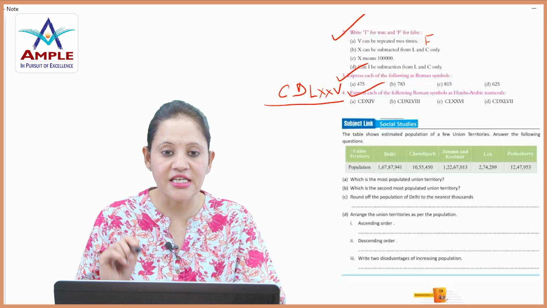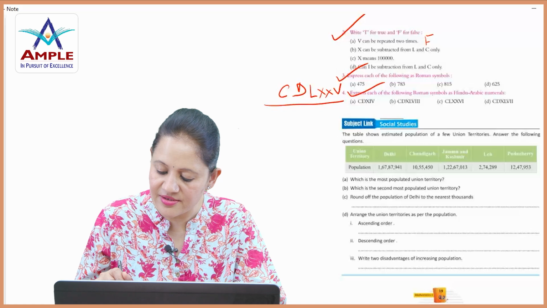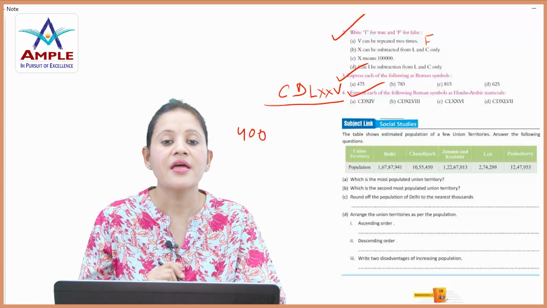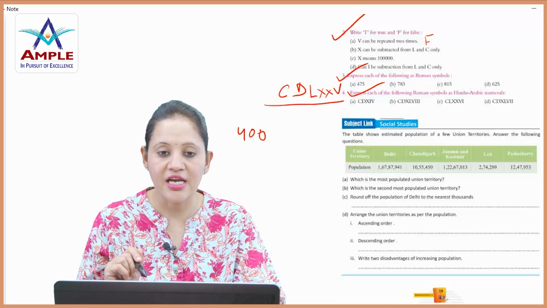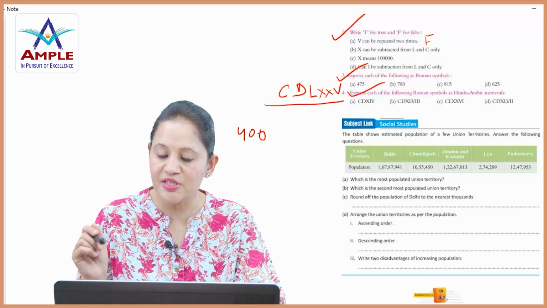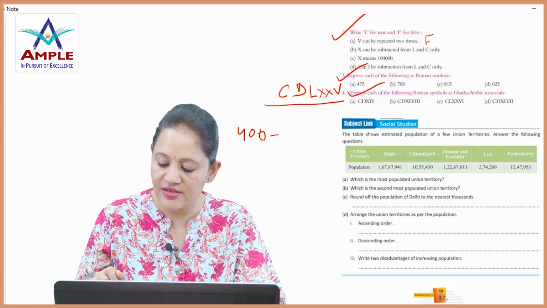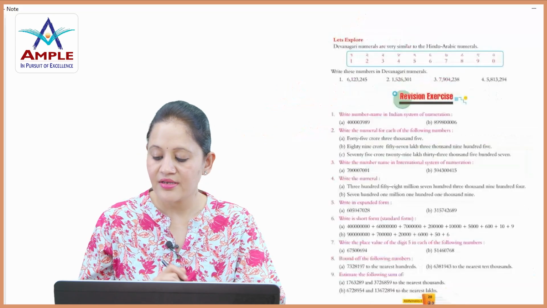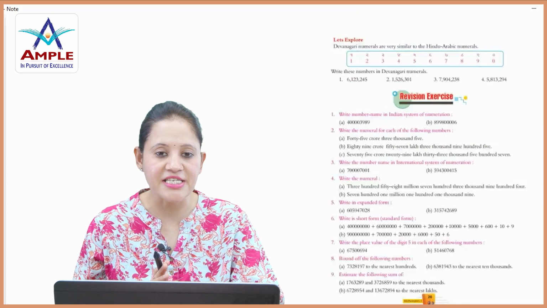CD, that is for 400. XIV, X is for 10 and IV for 4, that means 14. So, 414. So, practice all the questions of this exercise.